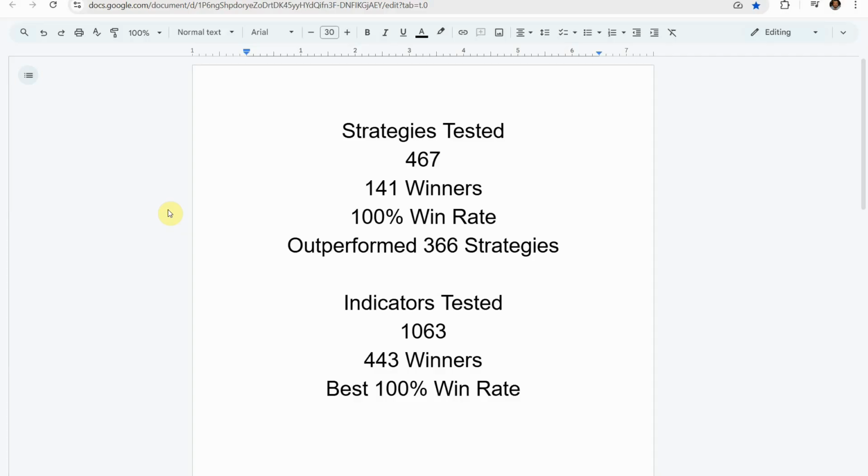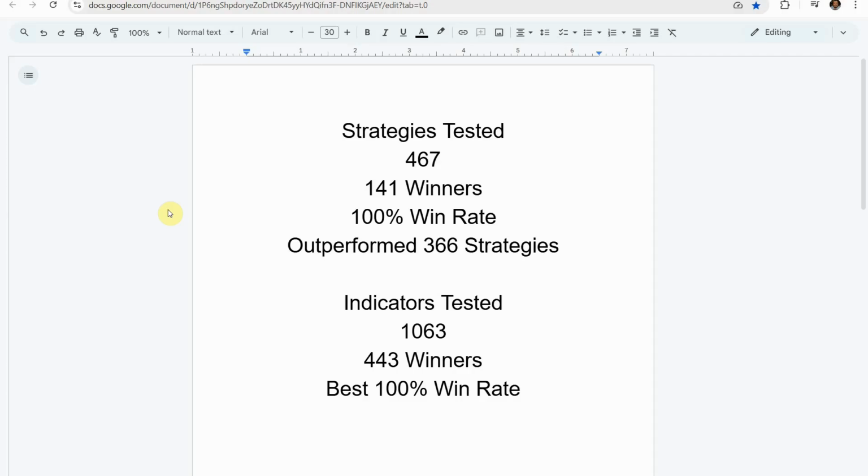Alright, as I said, today we will be testing a crypto scalping strategy. Before we do though, I wanted to put the testing scoreboard up for everyone to see. So to date, we have tested a total of 467 different strategies, with 141 of them being winners. The best one so far was able to achieve a 100% win rate.